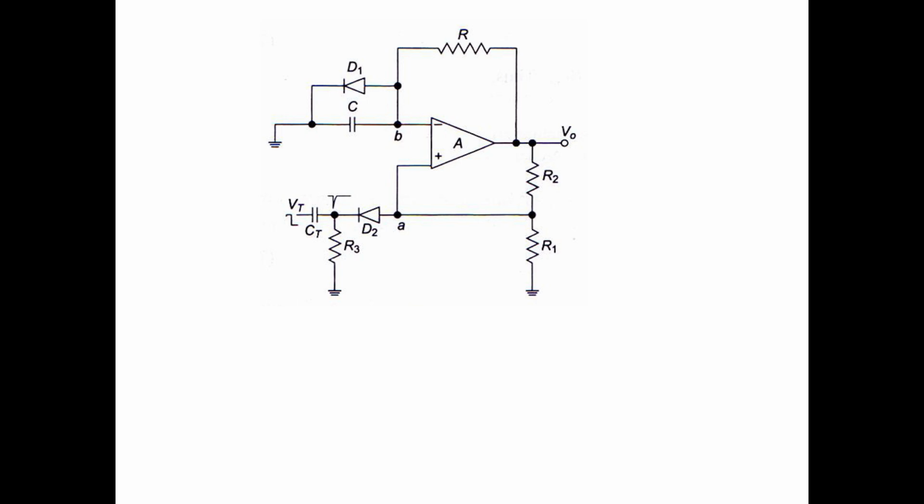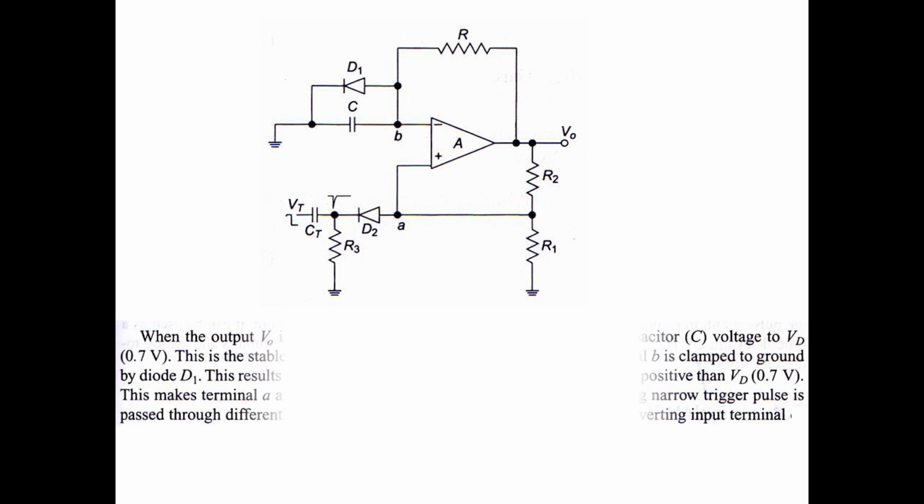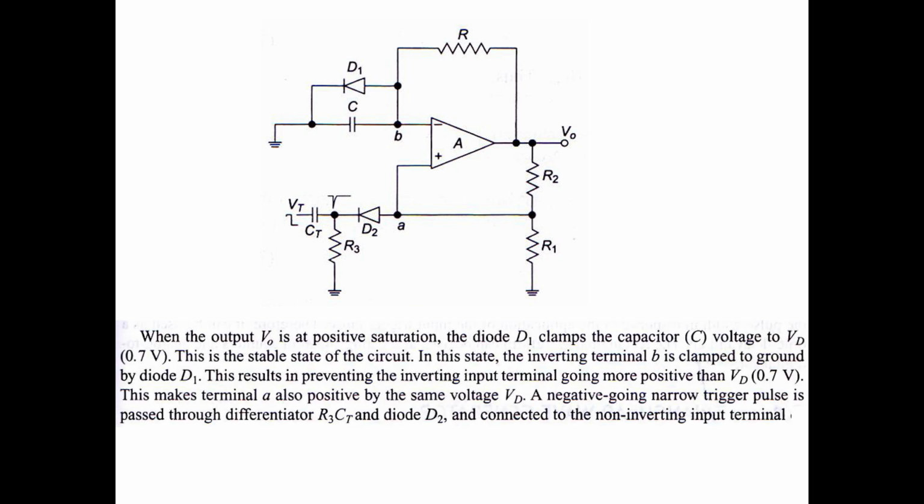So this is the circuit diagram of monostable multivibrator. When the output V0 is at positive saturation, the diode D1 clamps the capacitor C voltage to VD, which is approximately 0.7 volt.